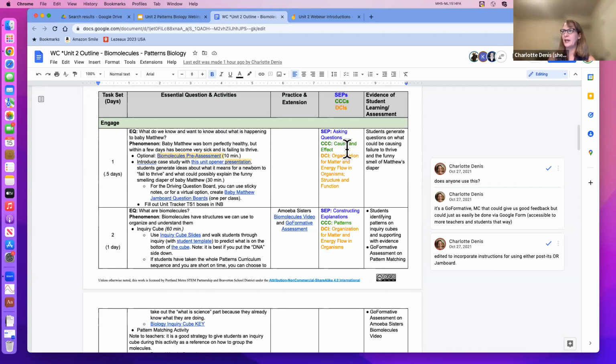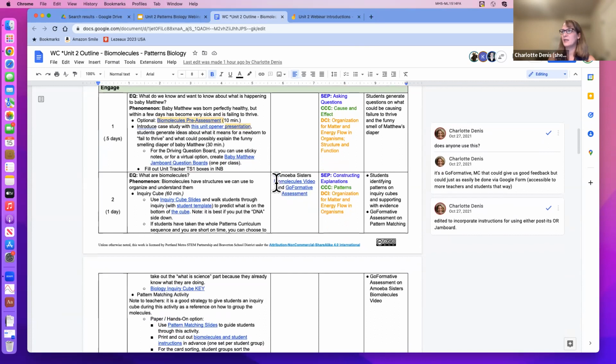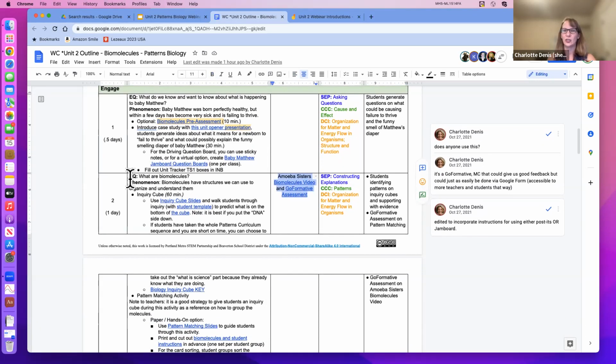There's information in here about which practices, cross-cutting concepts, and core ideas are being covered, what kinds of assessment you might be able to do with that particular task.